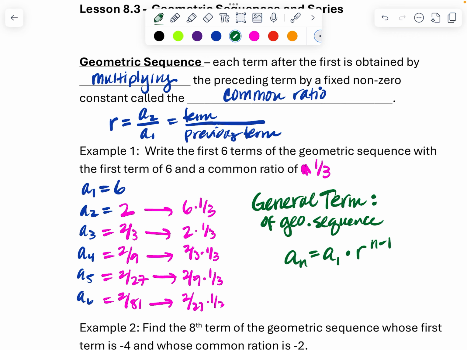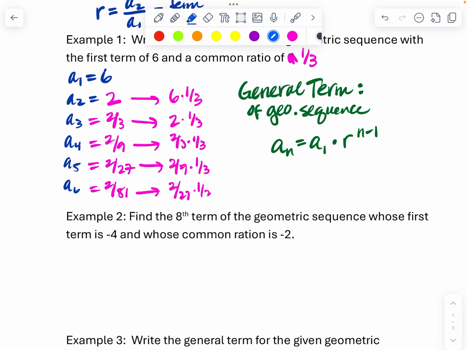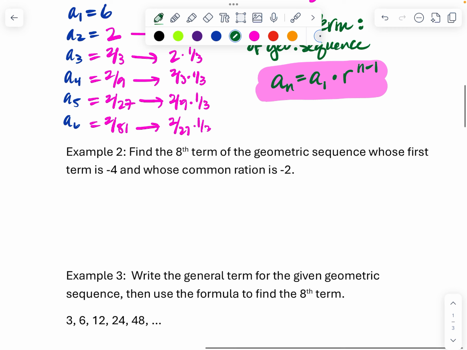So you start with the first term, and then you multiply by your ratio however many times to get to the nth term. I'm going to give that a nice little highlight because that's an important formula. Something that you might write down on a note card when we take our exam.